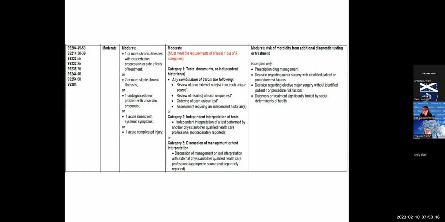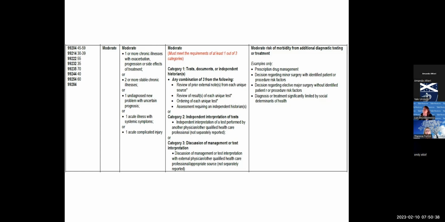I also wanted to take a look at this second column, which speaks to data, which has changed significantly over the years. So in order to achieve moderate under data, you have 3 categories in which you can document. The first category is tests, documents, or independent historians.